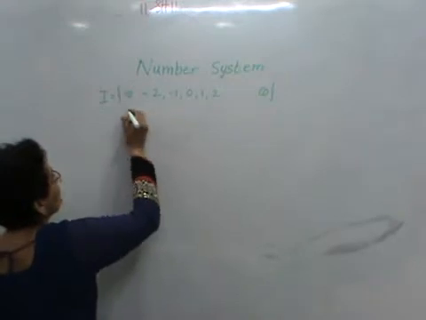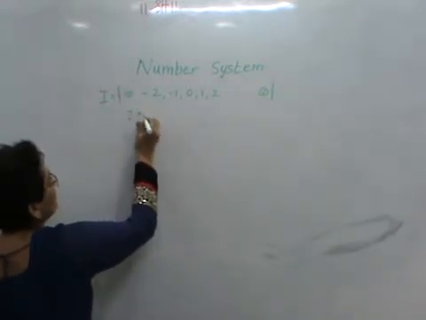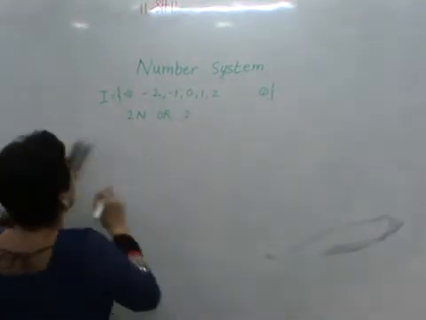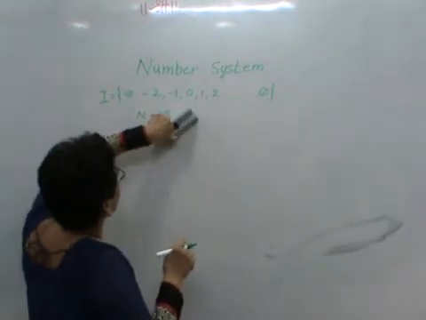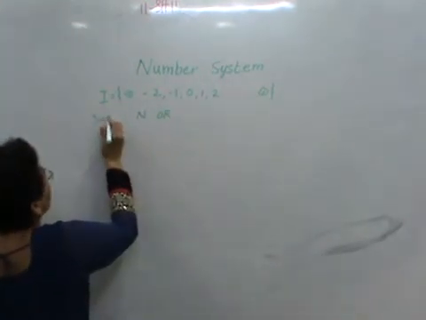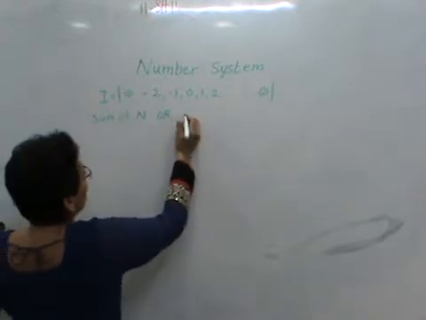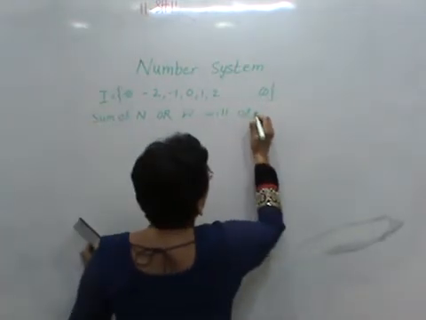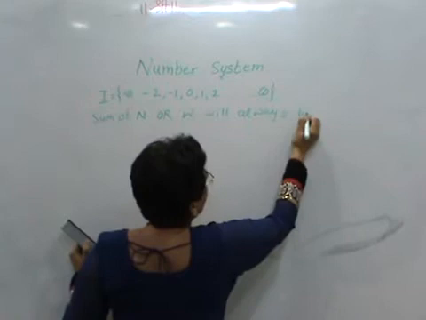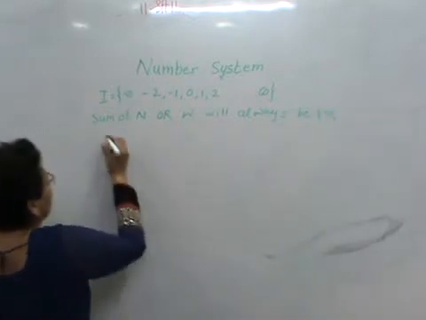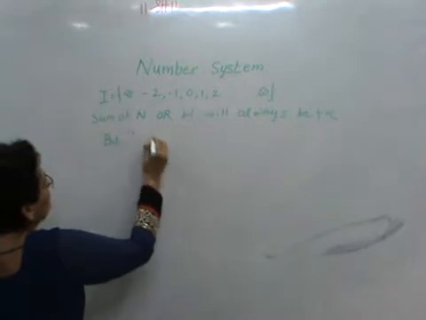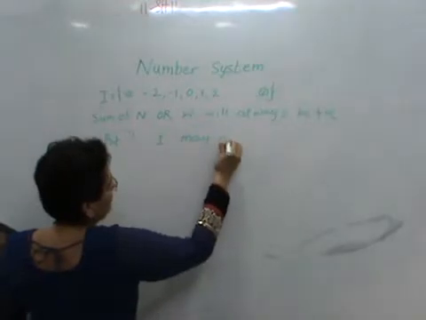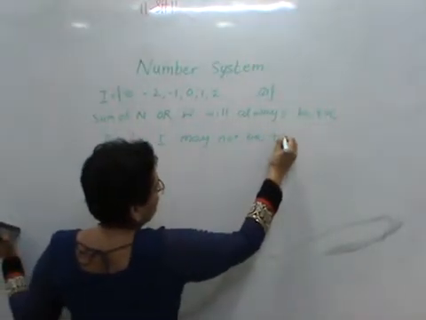But the sum of natural numbers or whole numbers will always be positive, while the sum of integers may not be positive.